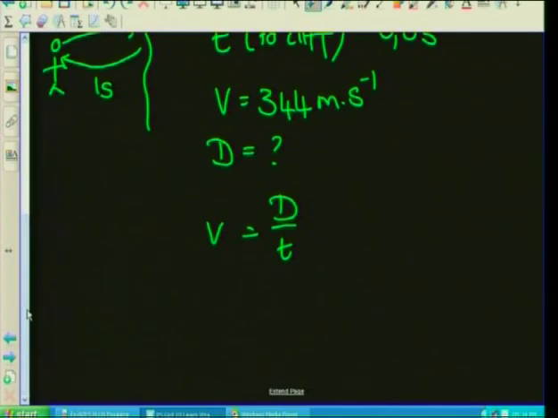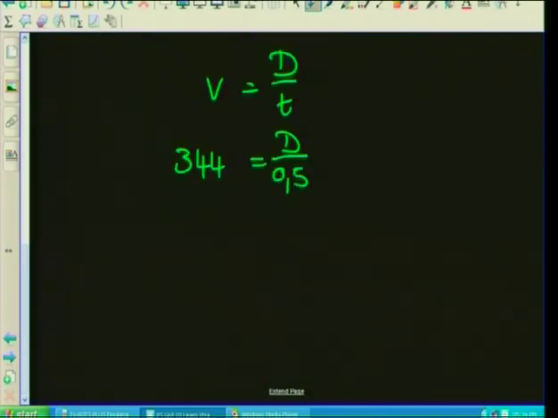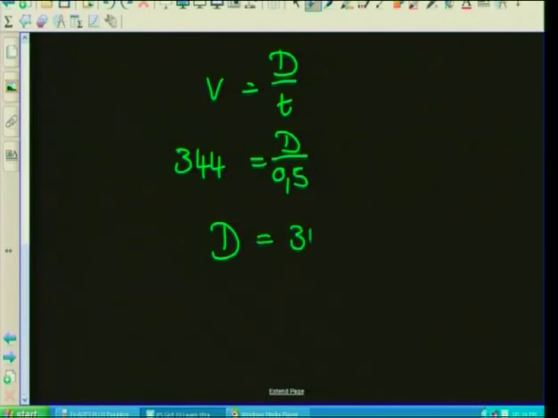Okay. My speed is 344. Distance is what I'm looking for. Time is half a second. Okay. How do we get distance on its own? We're going to times both sides by a half. So it's 344 times 0.5, and on your calculators it's the same as dividing by 2.